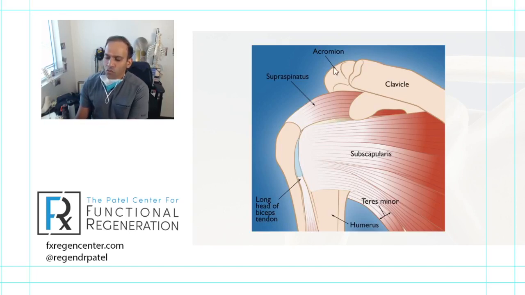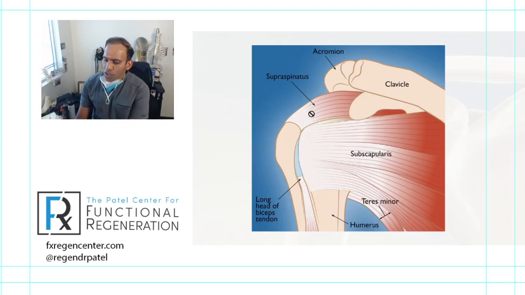Coincidentally, this part of the rotator cuff right underneath this bone, where the rotator cuff commonly gets impinged, is the area where we have poor blood flow.